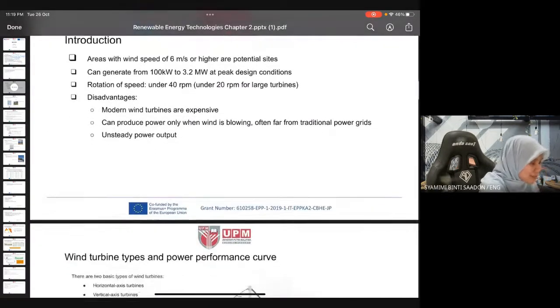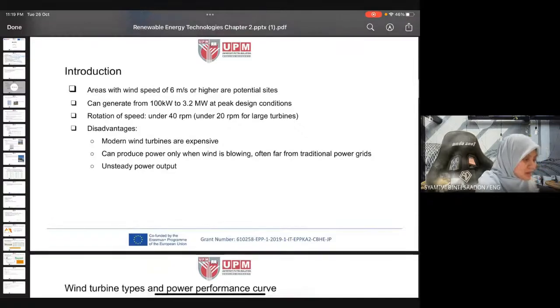Areas with a wind speed of 6 meters per second or higher are potential sites. So in order to know whether we can apply wind energy technology or not, one of the factors is that we should have an area with wind speed of around 6 meters per second or higher. It's not that we must, but we should.